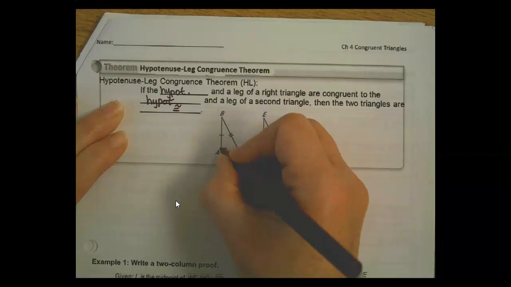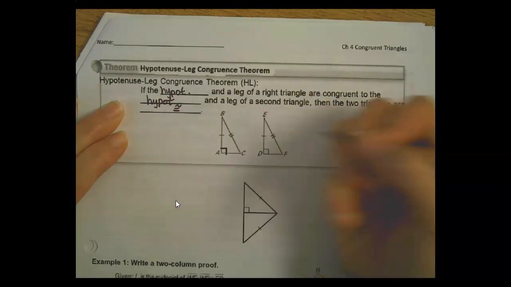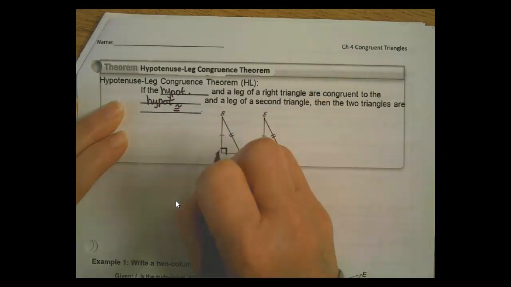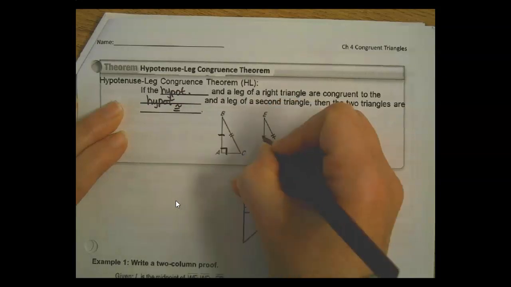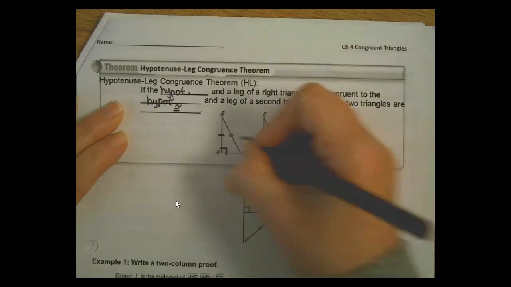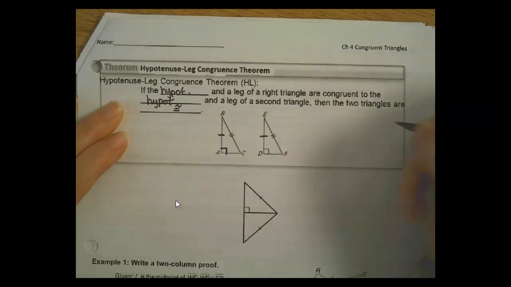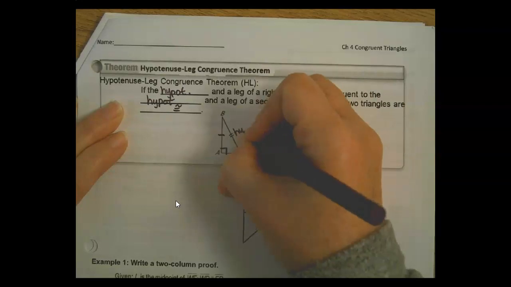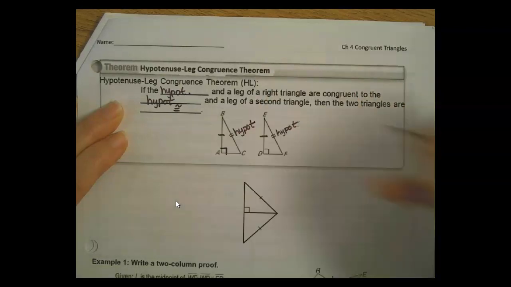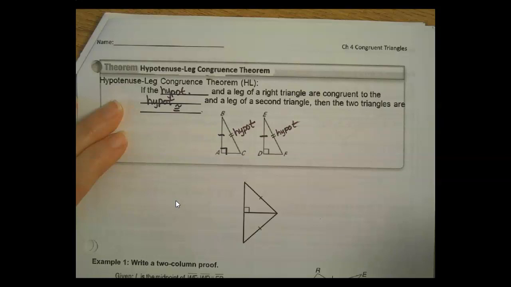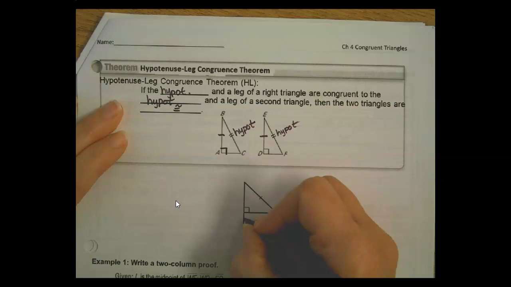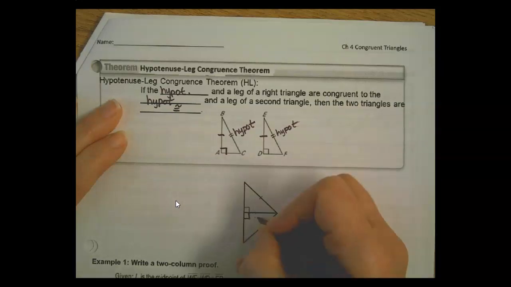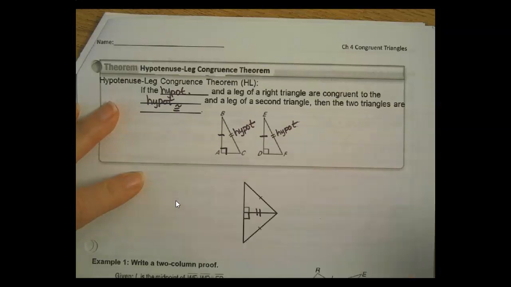So, right triangle, hypotenuse and a leg, this. Then these two, your hypotenuse would be congruent. So this side is your hypotenuse. Okay. So here, since this is a right triangle, well, this would almost be reflexive, but you should know that these two would be equal to each other.